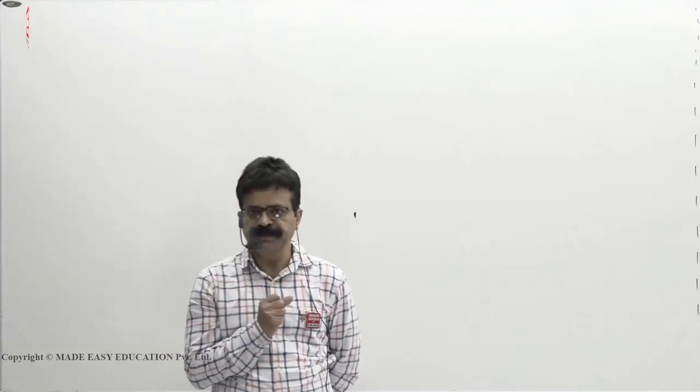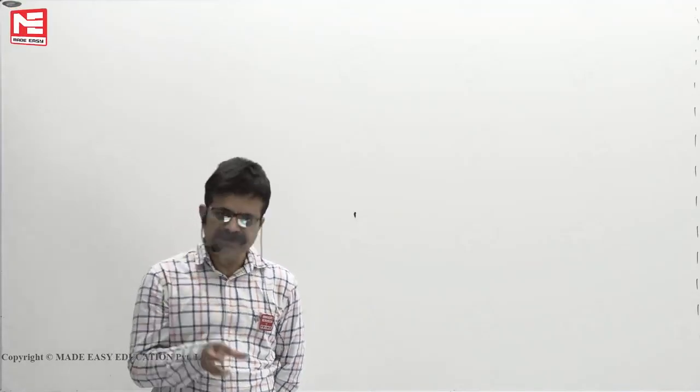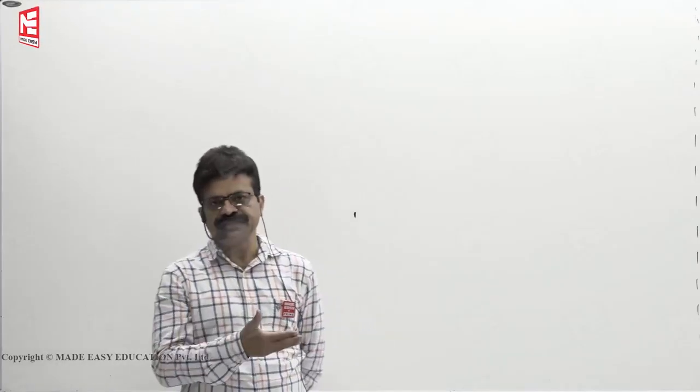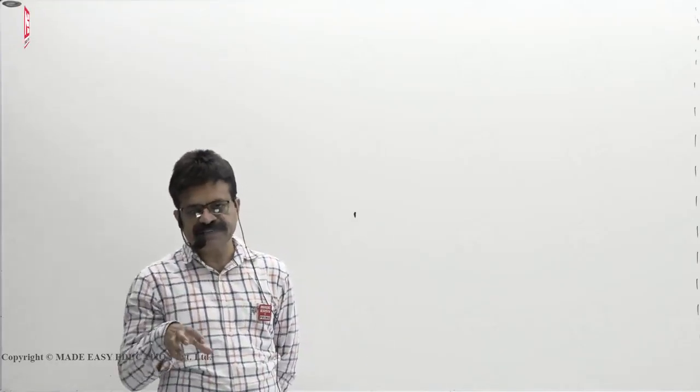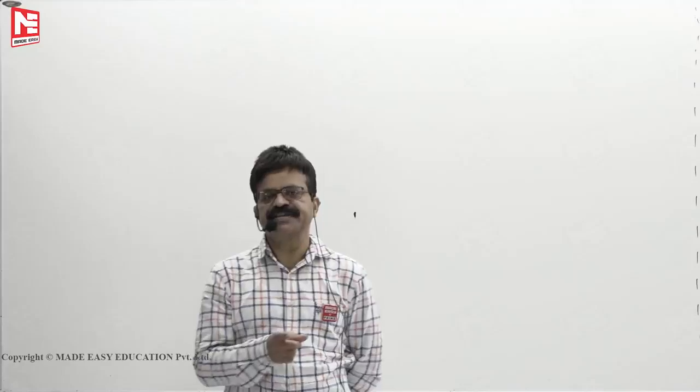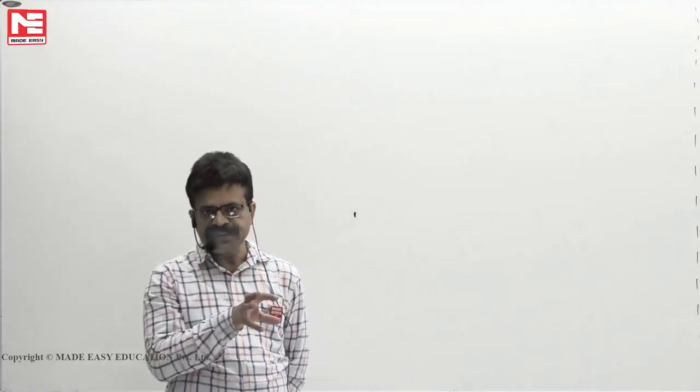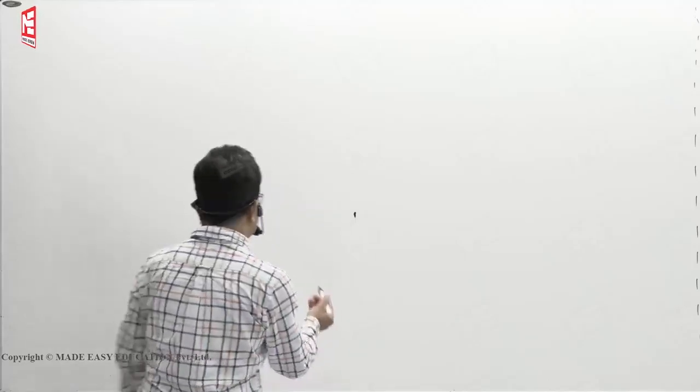You found that it is M by 2. When the far end is fixed, the stiffness factor we found is 4EI by L. Now the same moment area method, we will use for fixed beams to get certain expressions, to get the fixed end moments, so that those fixed end moments we use for our moment distribution method.